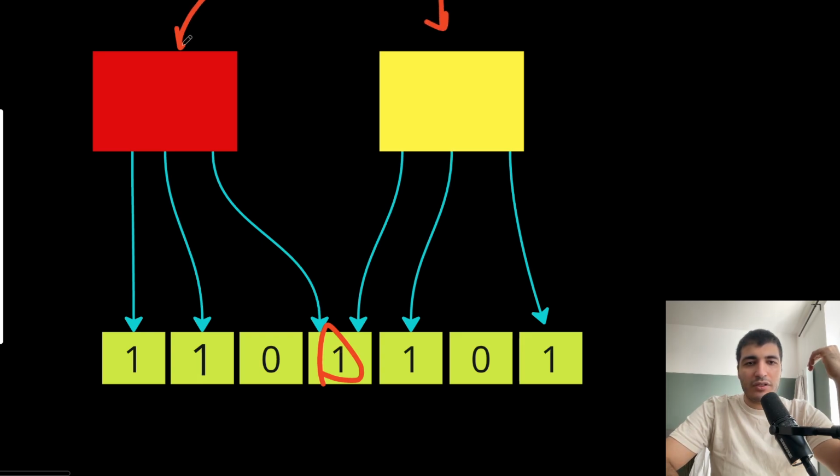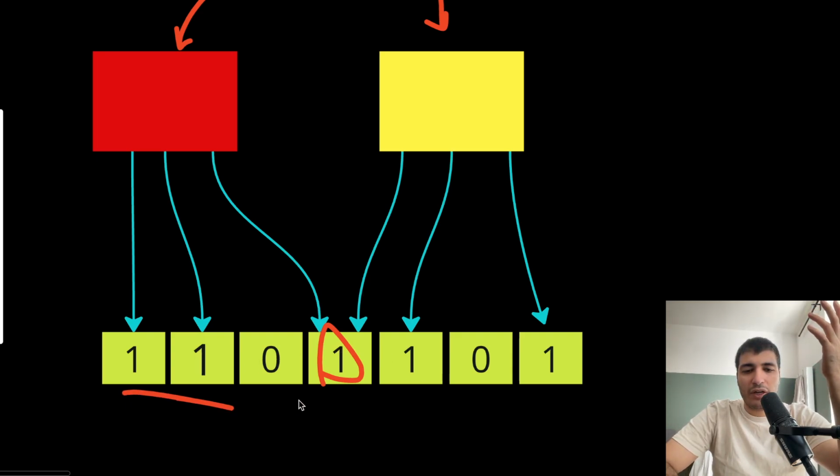Number two, each hash function will output an index within the bit array. Set the bits at these positions to one. The hash function will output the index, and we set each index to one.